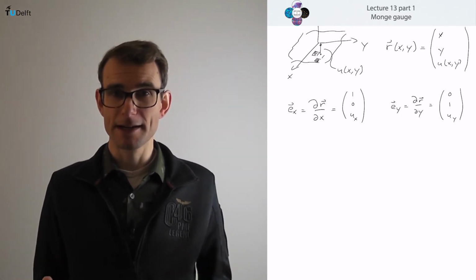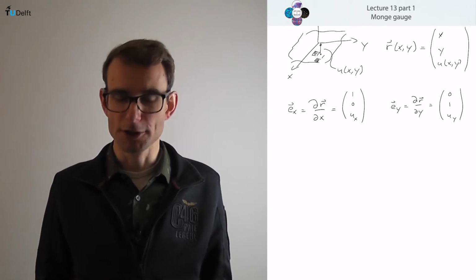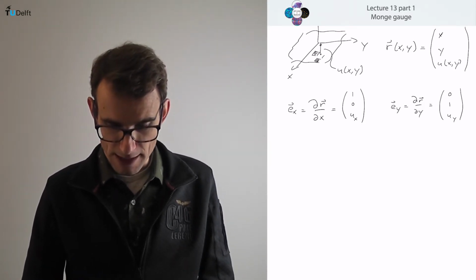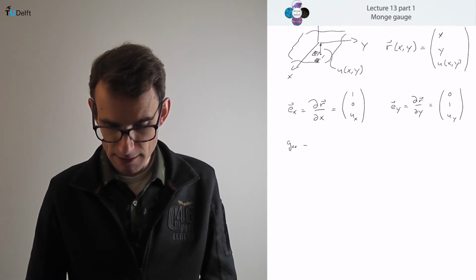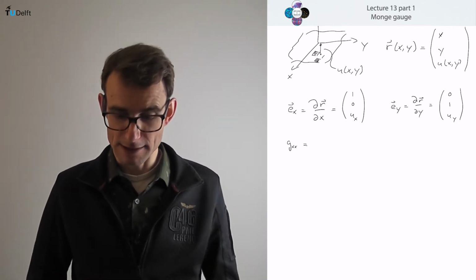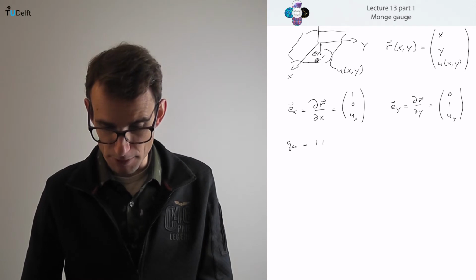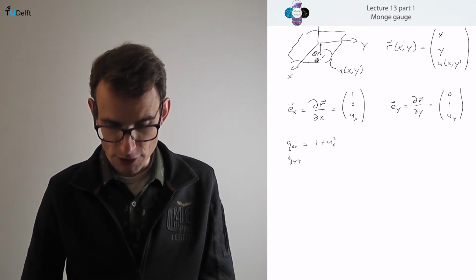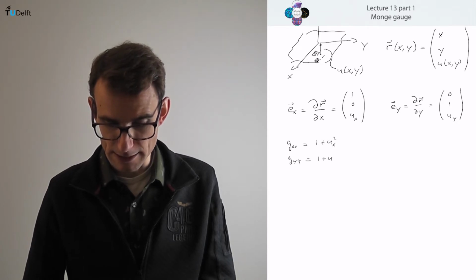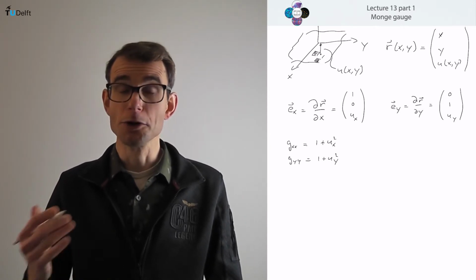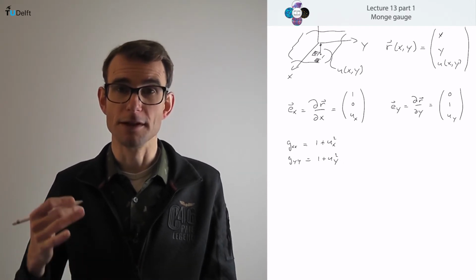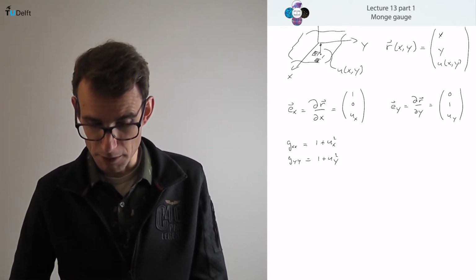And then the metric had elements that were the dot products of these vectors. So we have an xx component of the metric, which is the dot product of ex with itself. So this gives me 1 plus u_x squared, and yy, which unsurprisingly looks exactly the same. But we also have an off-diagonal term, because the dot product of the two basis vectors is not 0.